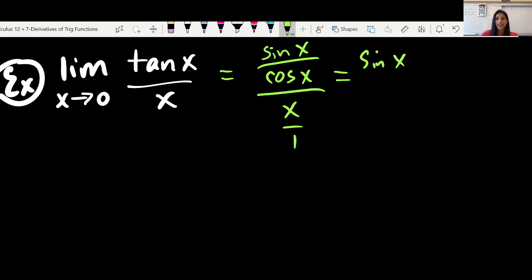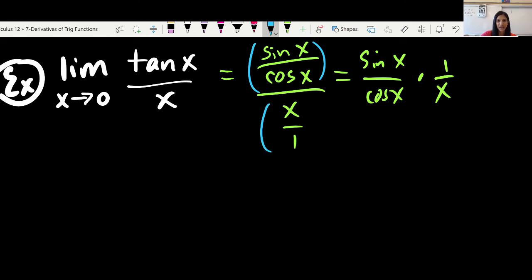So I'd get sine x over cos x times 1 over x, like this. Hope you're still with me. All I did is, when you're dividing a big fraction like that by another big fraction, remember we can flip it and multiply by the reciprocal, which is what we have done right here.